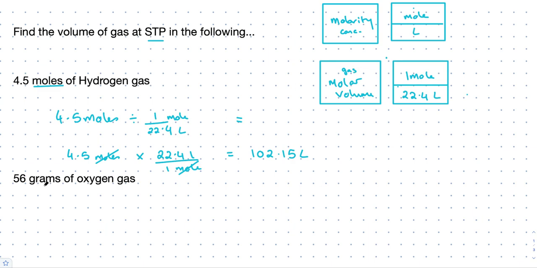56 grams of oxygen. So I actually have another card that I need to bring in, and have a think about it. What this card requires, if we're talking about molar volume, is moles. And if I'm going to start talking about moles of oxygen, how do I go from grams into that? Well, grams and moles are connected through the molar mass card.